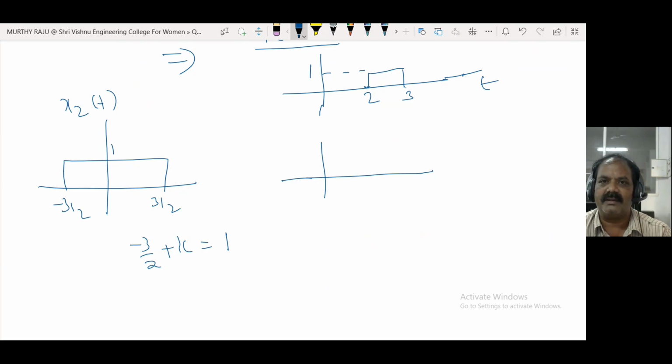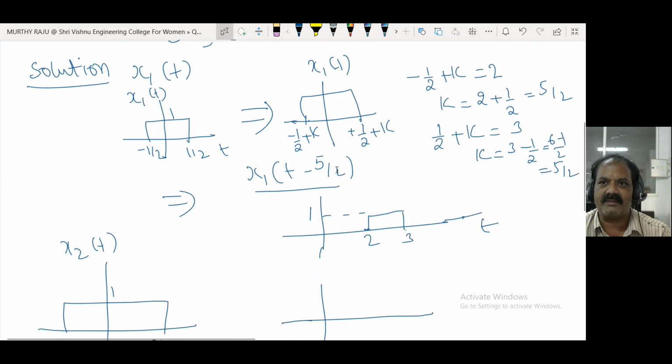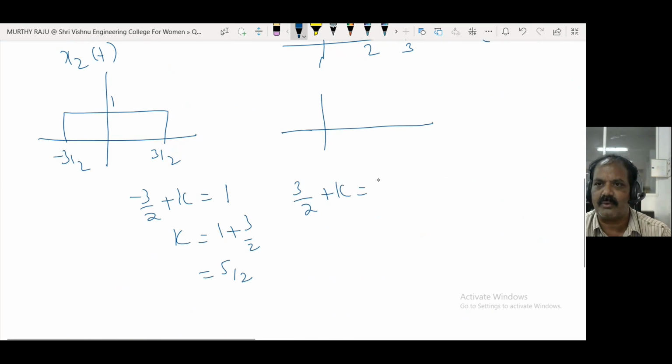Therefore, k is equal to 1 plus 3 by 2, that is 5 by 2. And 3 by 2 plus k is equal to 4.